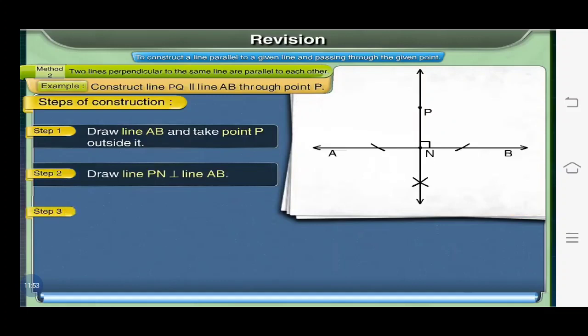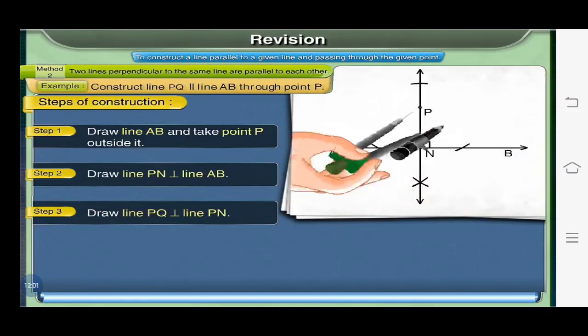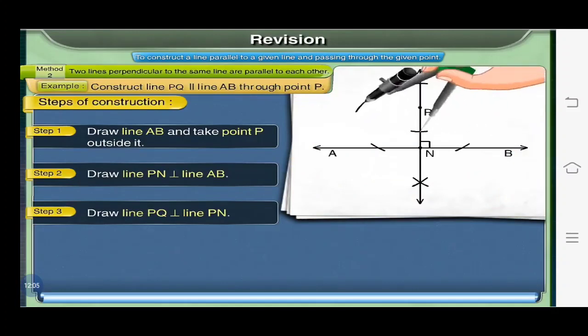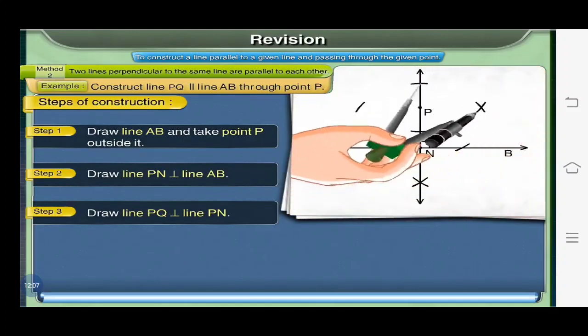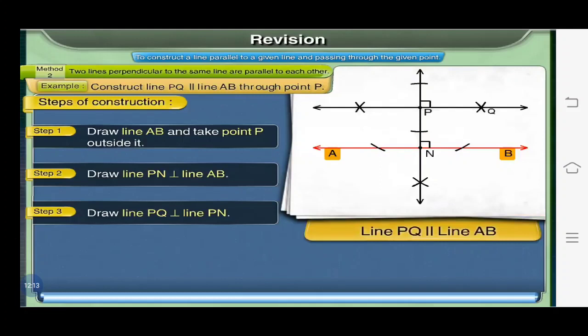Draw line PQ perpendicular to line PN. Since line AB and line PQ are perpendicular to line PN, line PQ is parallel to line AB.